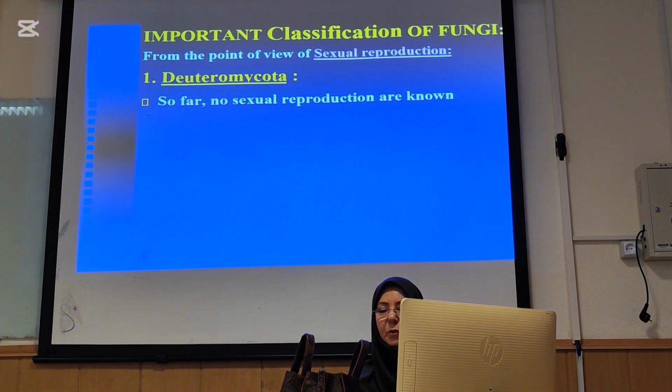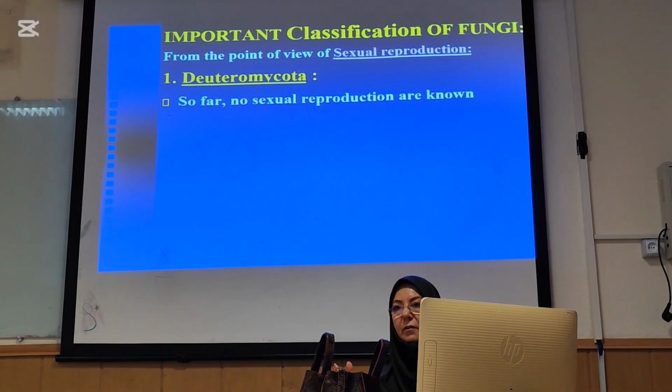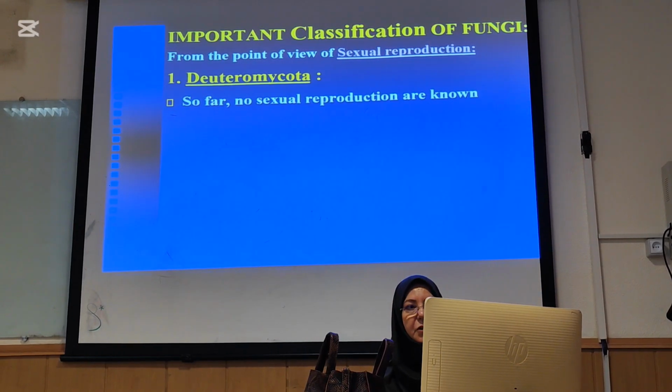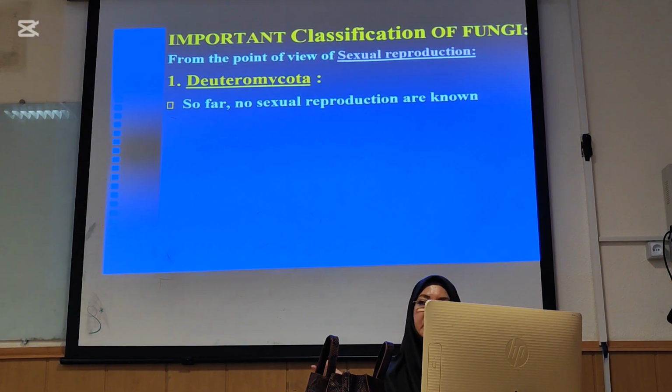What is Deuteromycota? Another name is imperfecti fungi. Imperfecti fungi means that just this group of fungi has asexual reproduction, and this group has not any sexual reproduction. Okay?